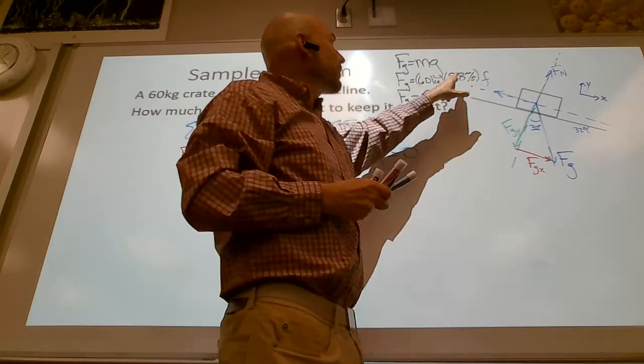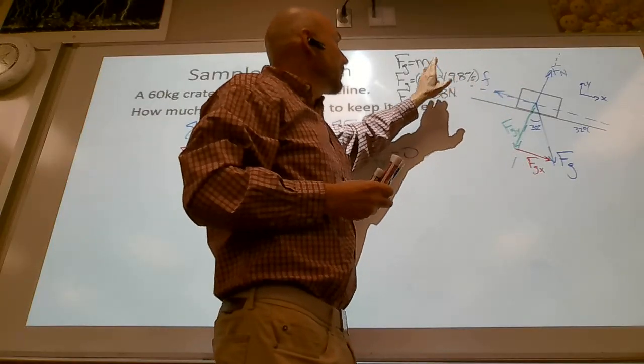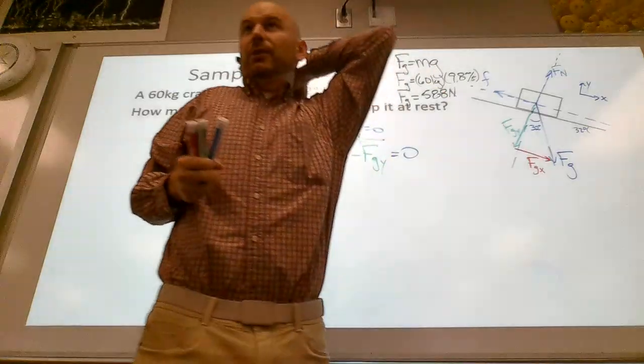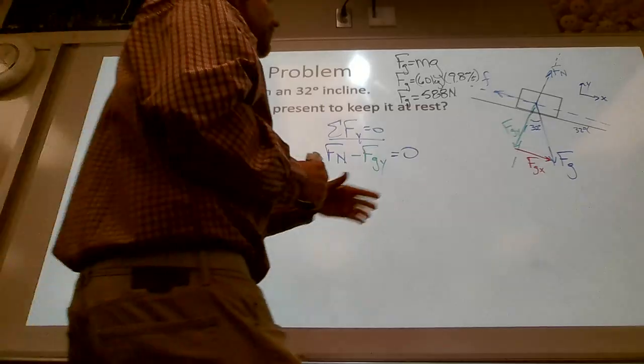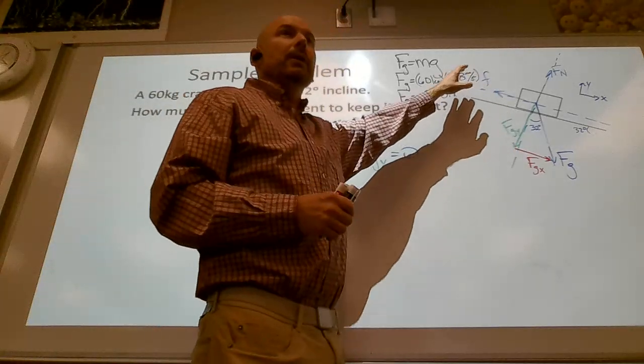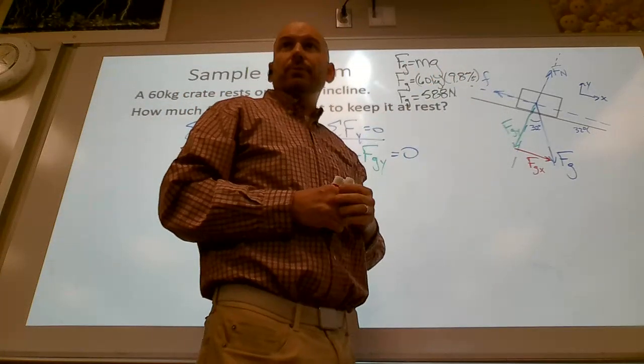This is just the number that we use to convert between kilograms and newtons. It's like using the number 12 to convert between inches and feet. Is something 12 something long? No, that's just the unit. Sorry, it's just the number that we use to convert between inches and feet. 9.8 is just the number that we use to convert between kilograms and newtons.